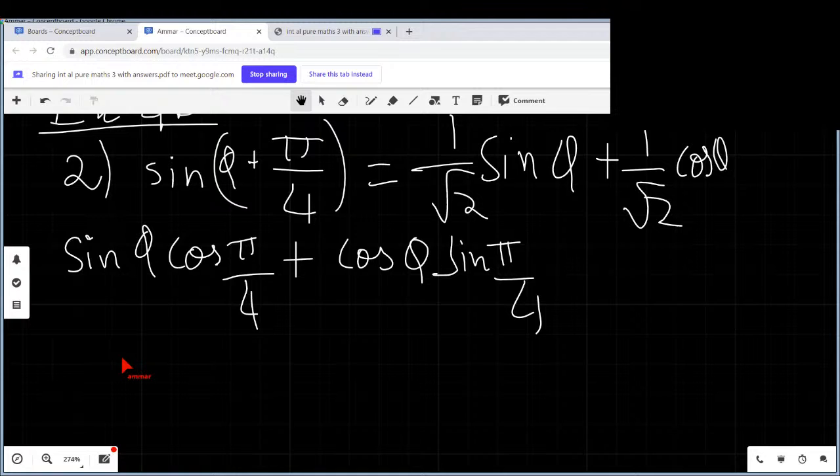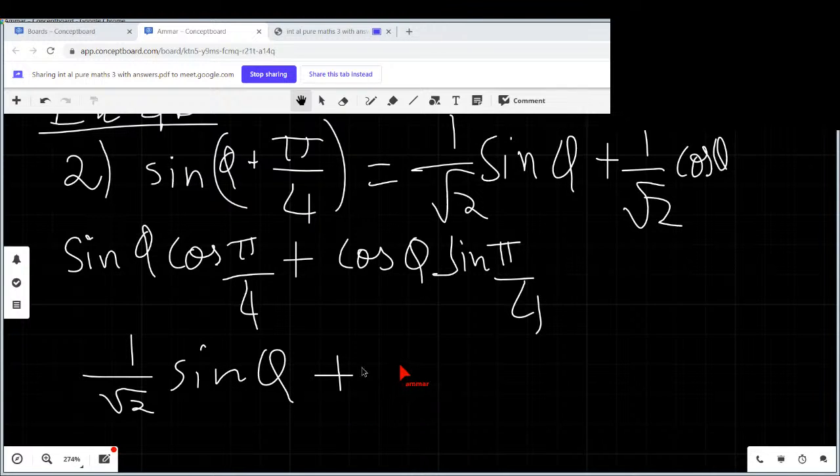Root 2 by 2, 1 by root 2. Yes, 1 by root 2. What is sine pi by 4? Also 1 by root 2, right? Sine 45 will be 1 by root 2.